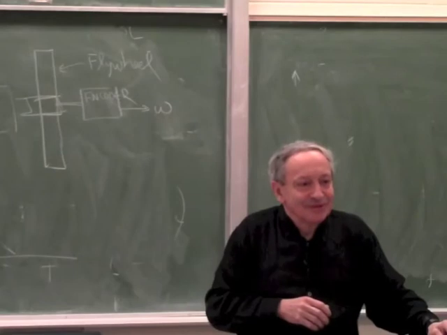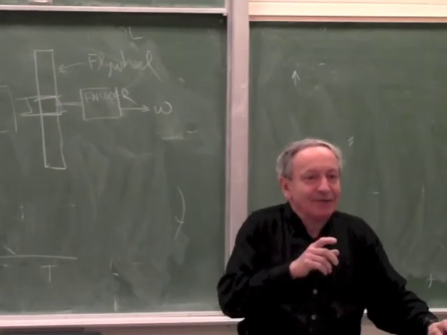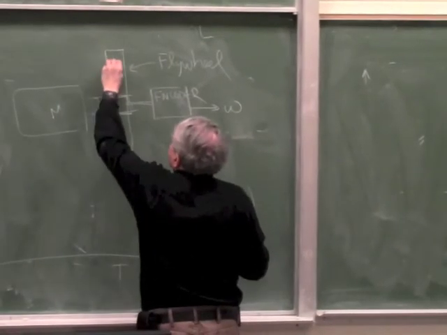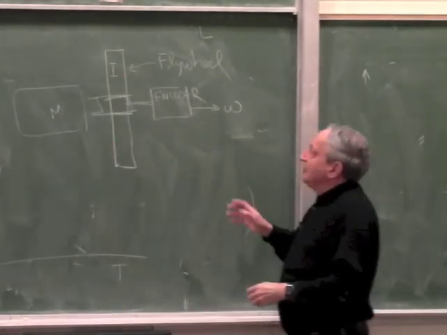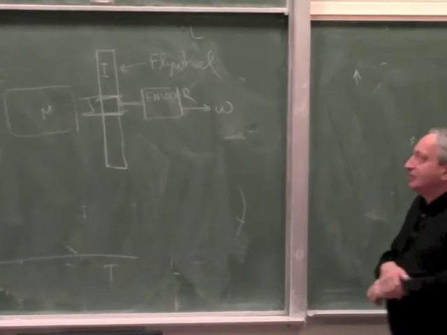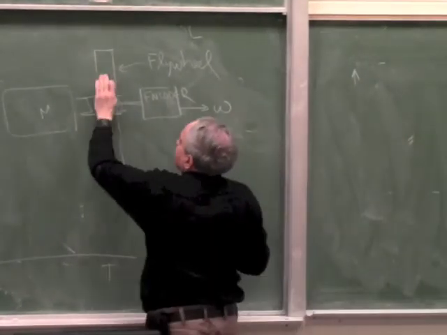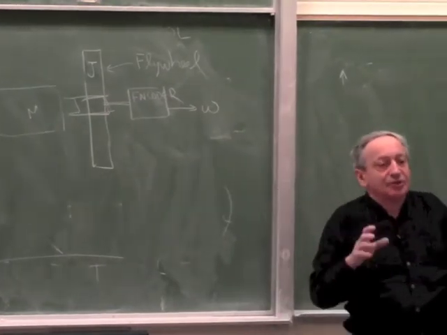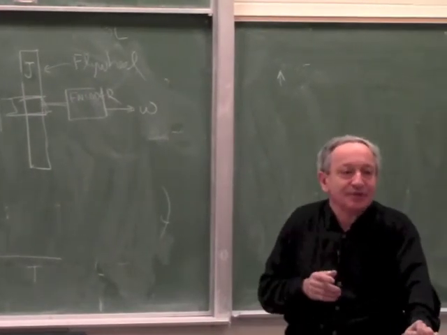You have to know the moment of inertia. Okay, so let's say you know the moment of inertia. Let's call it big J, not to confuse it with current. So I know the rotational moment of inertia, and then what do I do?